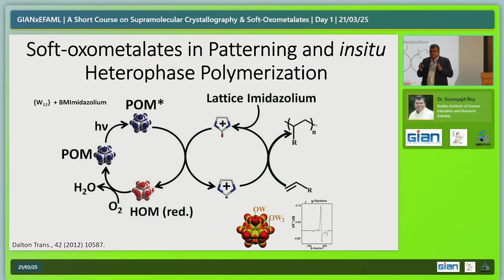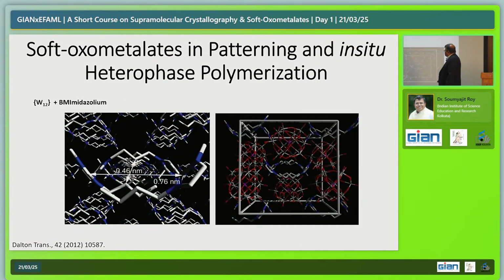So this was done in conventional conditions. And what we also found in this type of reaction is that you have these closed, elliptical pockets of butyl methyl imidazolium, which have a diameter of almost around 1 nanometer and a width of around 0.46 nanometer.